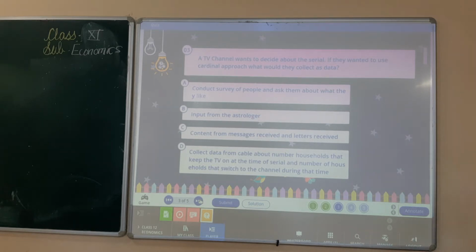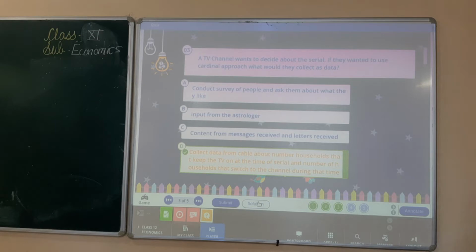Second is input from the astrologer. Third is content from messages and letters received. Fourth is collect data from cable about the number of households that keep the TV on at the time of the serial and the number of households that switch to the channel during that time. So what will be the answer?